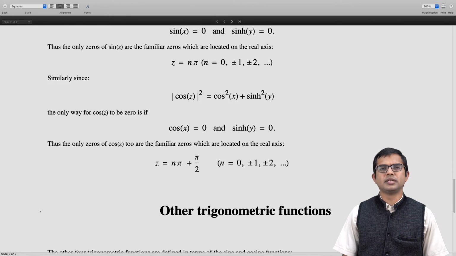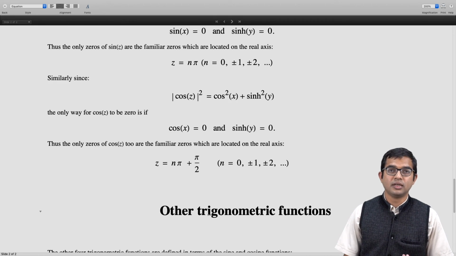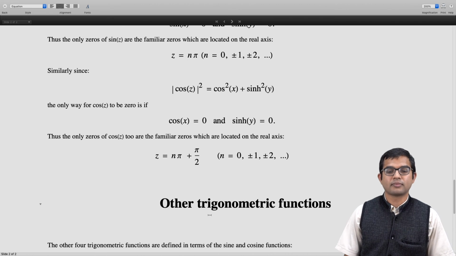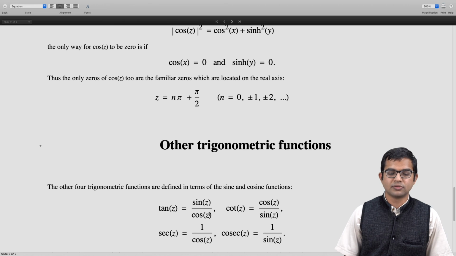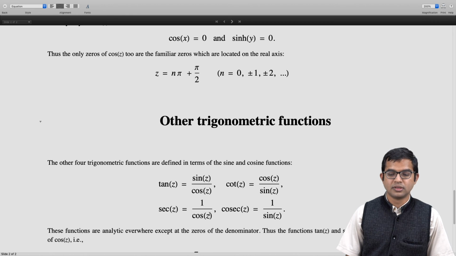So using these definitions for the sine and the cosine, we can also define other allied trigonometric functions. So we can define tan of z to be sine of z divided by cosine of z, cot of z to be cosine of z divided by sine of z, secant of z to be 1 over cosine of z, and cosecant of z to be 1 over sine of z.